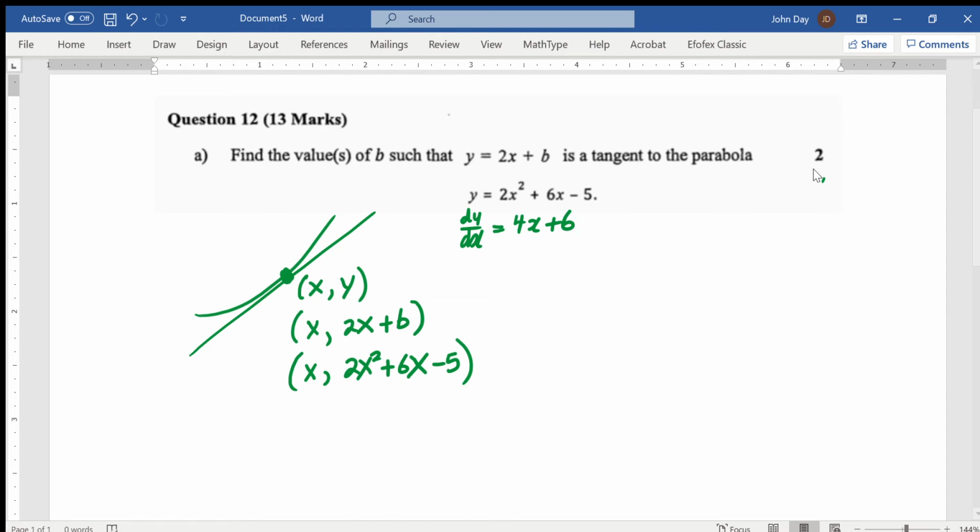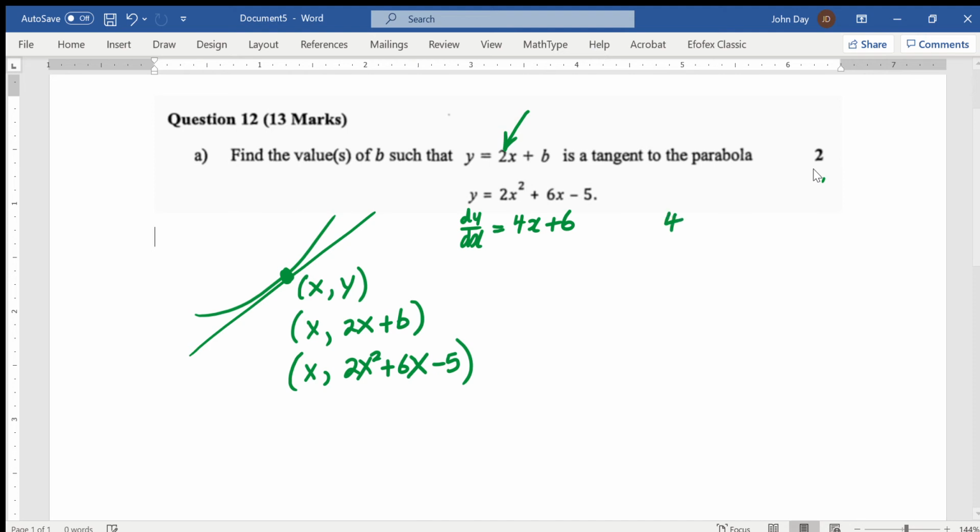At the point in question, the gradient is 2. And I know this because the gradient of the tangent is 2. And at that particular point where it's a tangent to the parabola, the gradient of the parabola has also got to be 2 at that point, right?